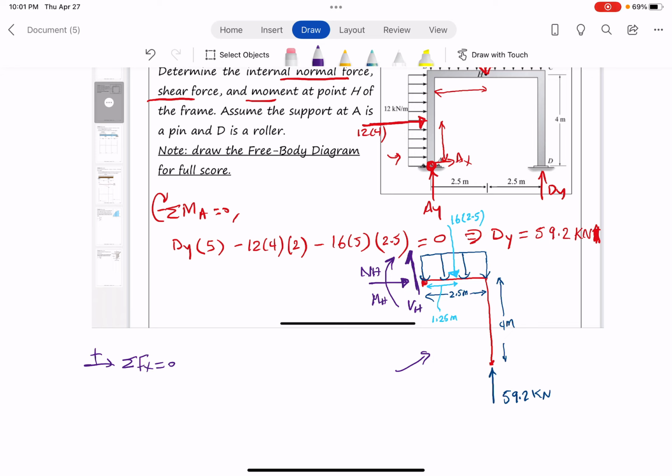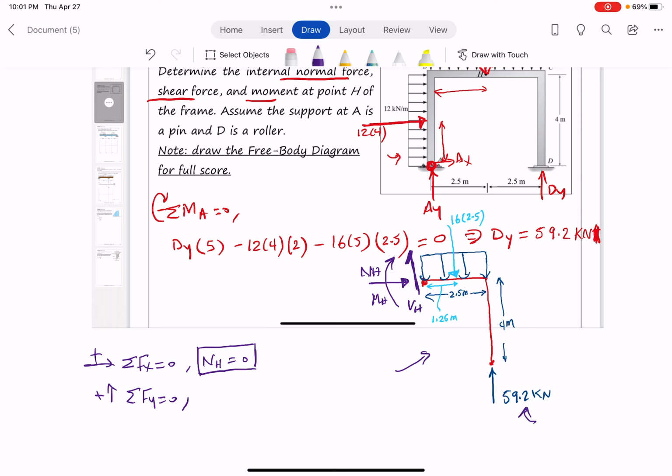Let's look at what are the forces in x. Nothing but the normal force at point H, which is 0. So there is no normal force. Let's do summation of forces in y.